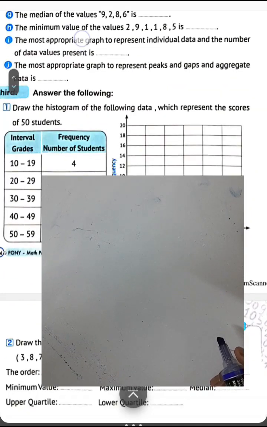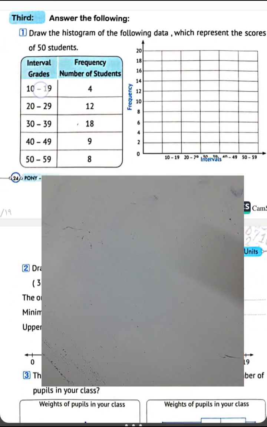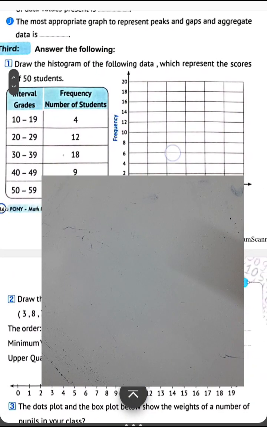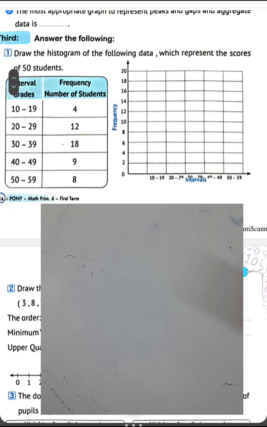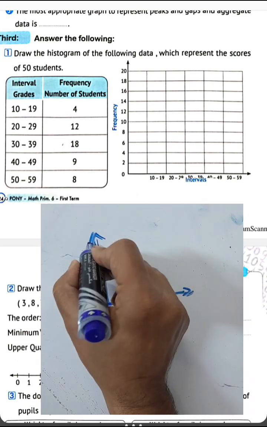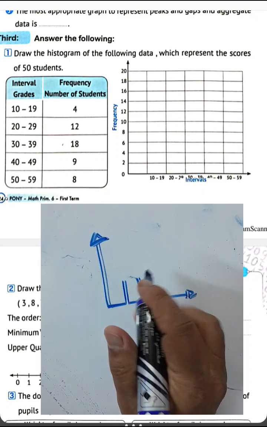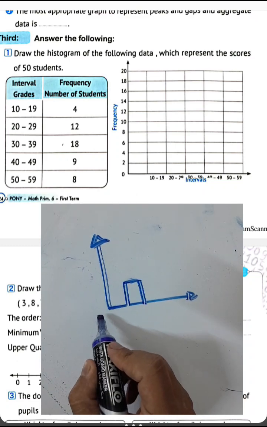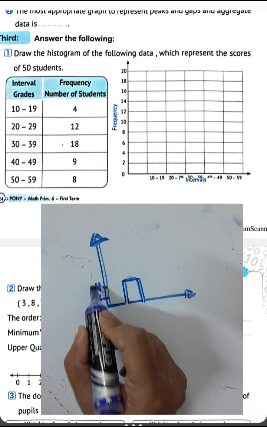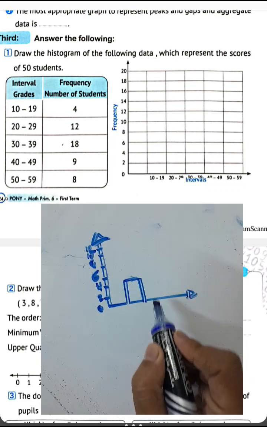Third, answer the following. Draw the histogram from this interval 10 to 19, 4. It's very easy for you to draw, okay, because he gives us the solution here, 4. You can draw here 4. We want to find the histogram here. It's the first interval, 2, 4. We have here 0, 2, 4, 6, 8, 10, 12.